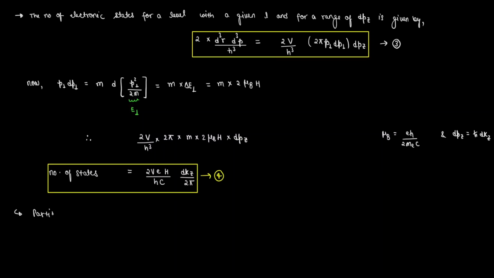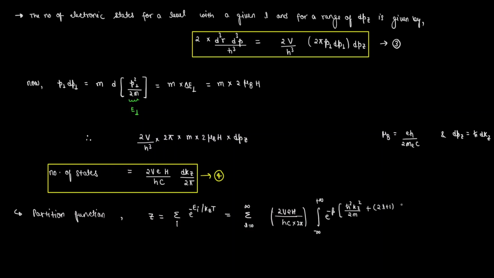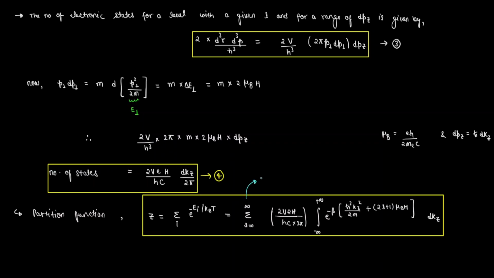So that now we can calculate the partition function, which is given by summation over all electrons of e raised to the power minus energy of the ith electron divided by k_B T, and this will be equal to summation over L from 0 to infinity of the number of states times the integration from minus infinity to plus infinity of e raised to the power minus beta E. Here you can see that in the expression for the partition function there is a discrete summation which corresponds to quantized Landau levels, while there is another continuous integration which corresponds to the continuous values of k_z.